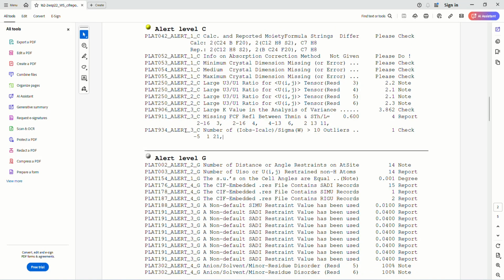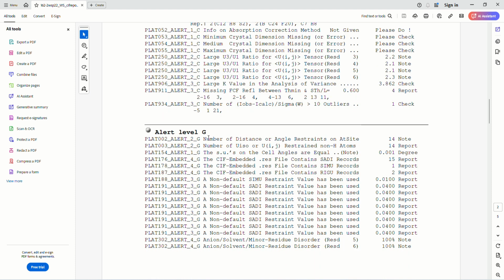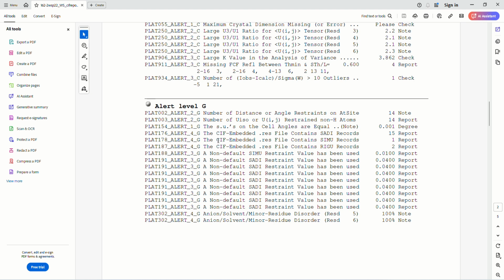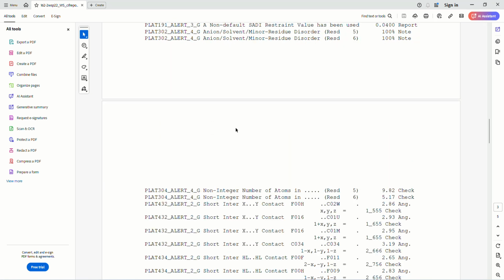We would have to investigate it properly a little bit more. I think it's just the way that it was refined this time, because we used these Olex-based restraints. When I did it without them, when I wrote them by myself, this CheckCIF alert was not here. And here are some G-level alerts. Basically, it contains CIF records, SADI records, and some other restraints.